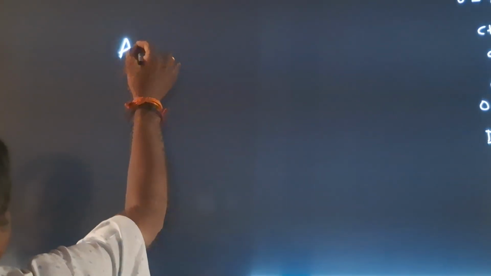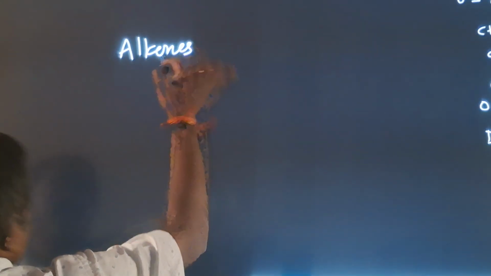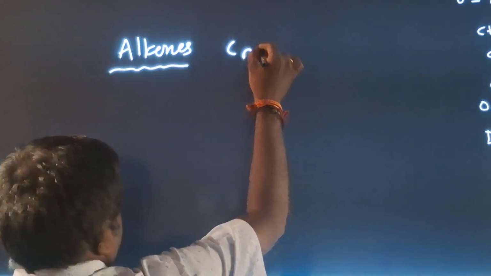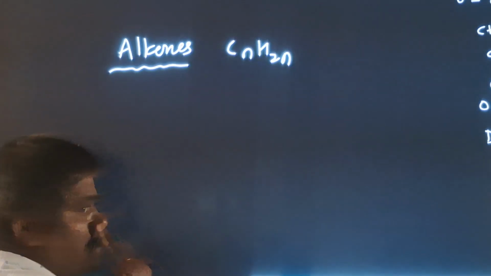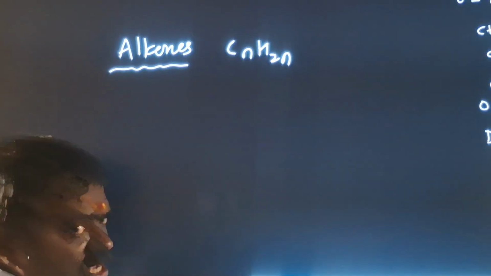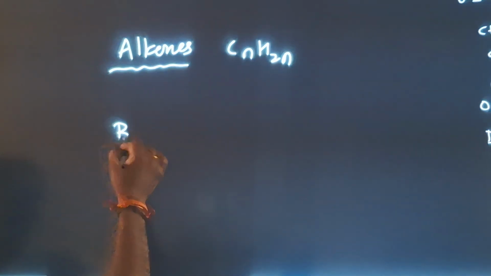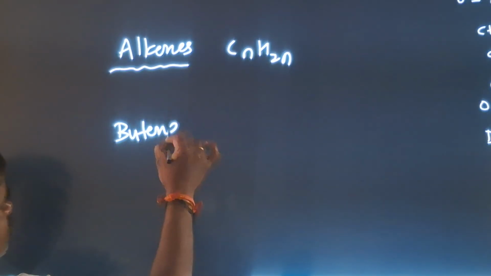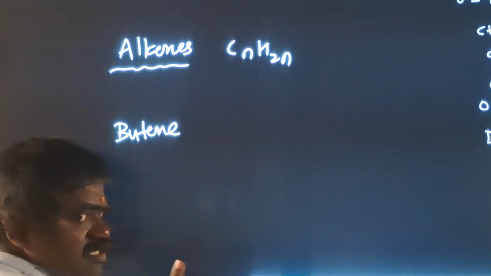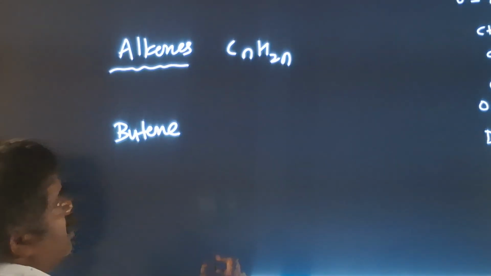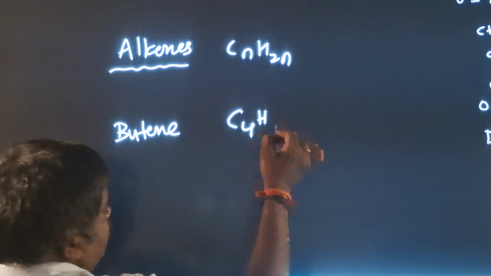Not just listen. Say, in alkenes, the general formula is CnH2n. So, for example, take butene. But means root word 4 carbons, so C4H8.